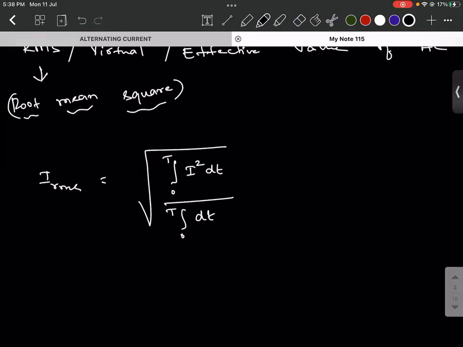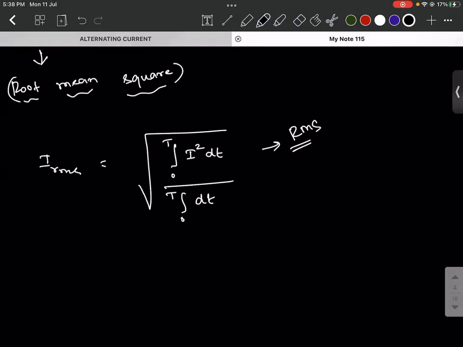Is this point clear? You're squaring and then taking the average of it.